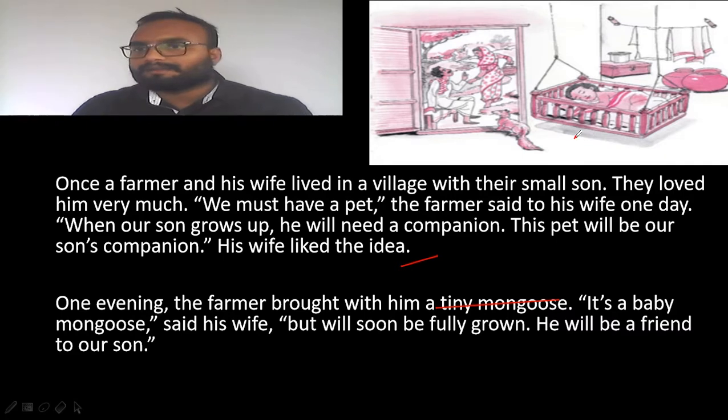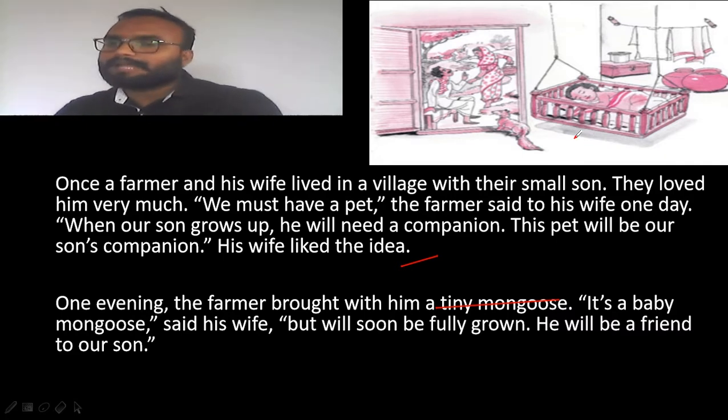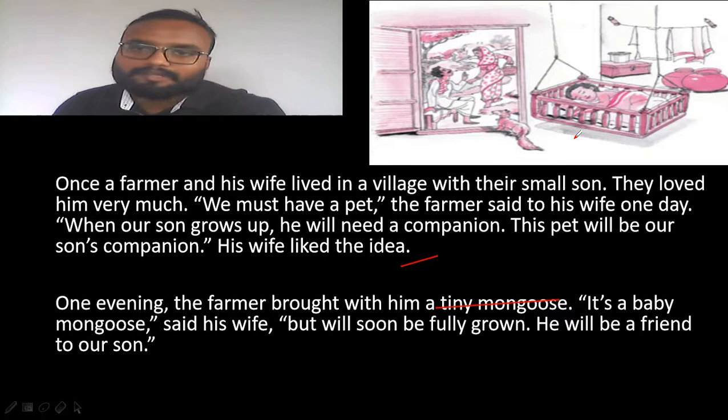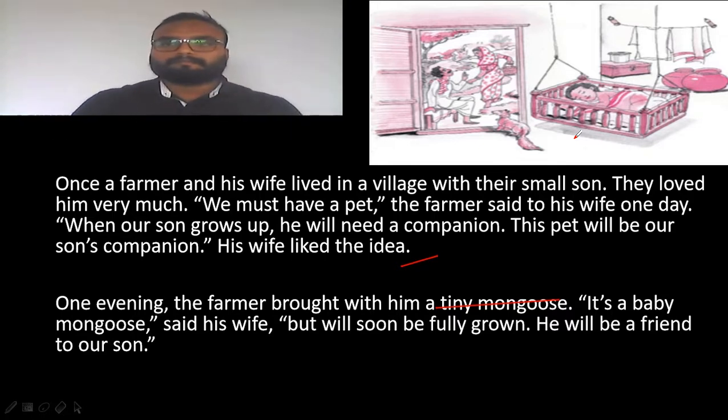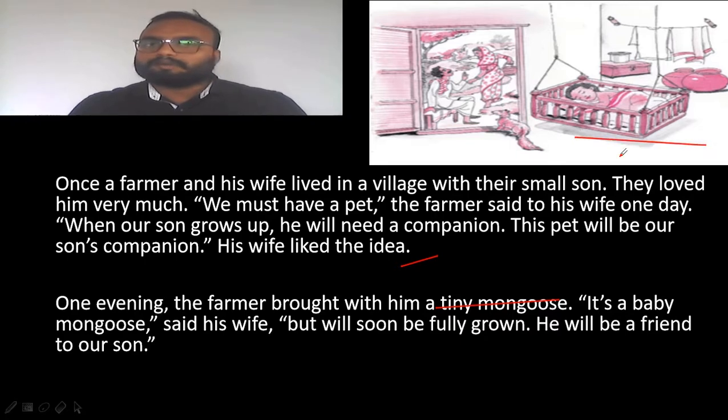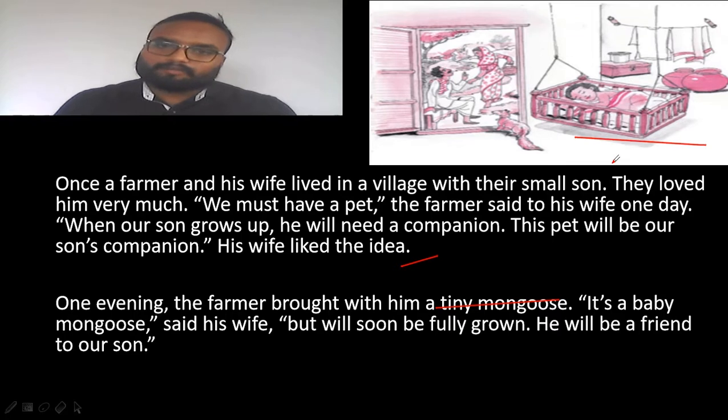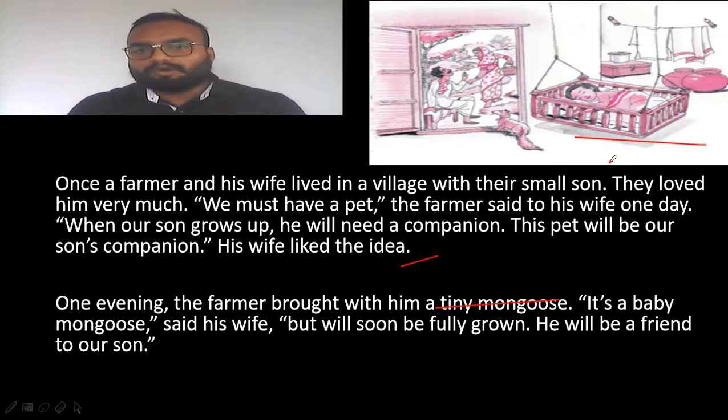Every one of you might have slept in it when you were a child. So after 5 or 6 months, the farmer's child was still in the cradle, but the mongoose was now fully grown up. So let's see what happened then.